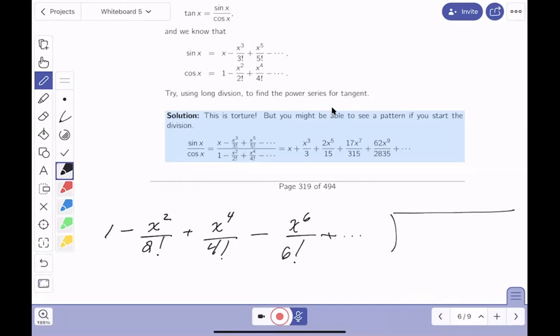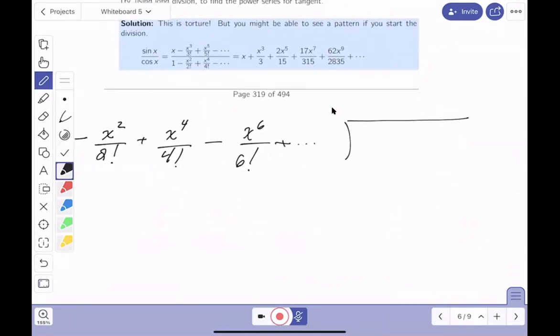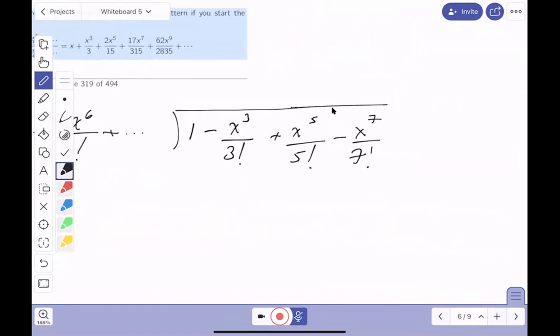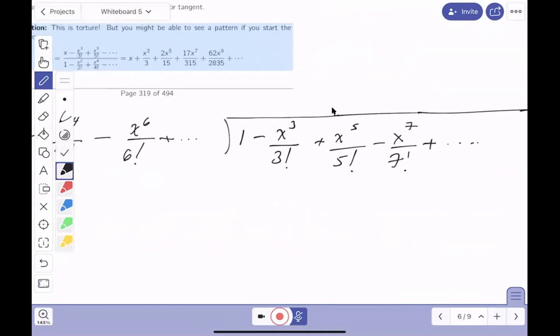Wow, we're dividing into something that just doesn't stop either. And what is that going to be? 1 minus x cubed over 3 factorial plus x^5 over 5 factorial minus x^7 over 7 factorial. And that goes on forever and ever and ever. And that's my definition of hell.